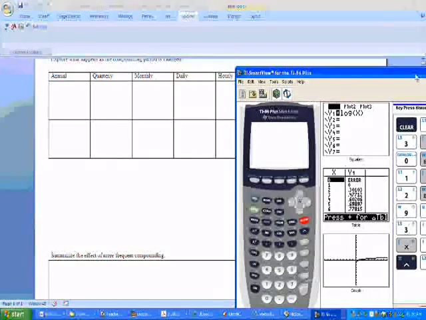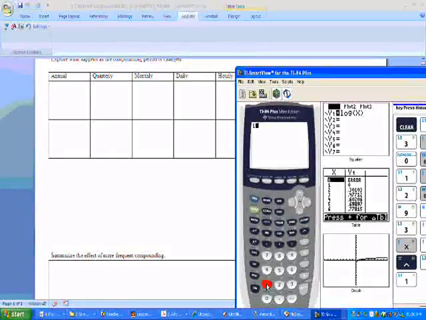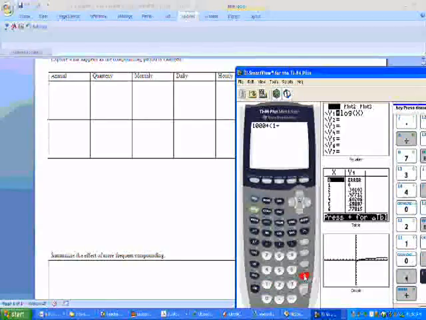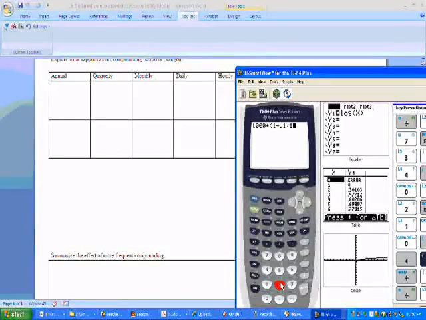So 1,000 times, whoops, 1 plus your 10% divided by 12. Need to have parentheses for that top part.